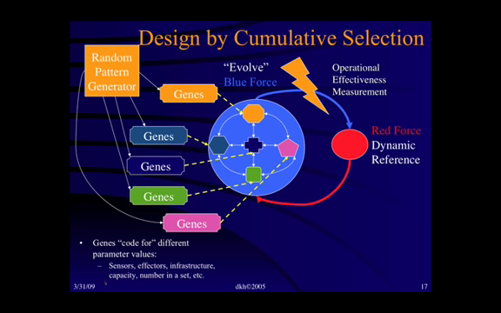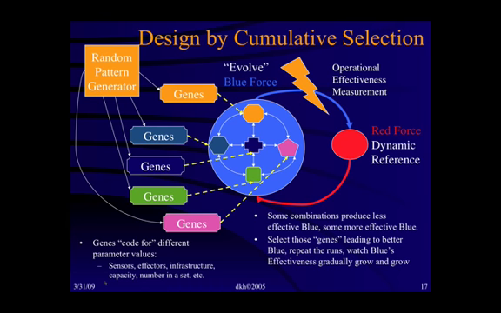So if we were talking about a military system, for example, one gene might code for radar, another gene might code for a number of men in an infantry platoon, and so on. All the different parameters that go to make it up. So that in the end, when all the genes are at their nominal values, you have blue force, which is identical with red force.